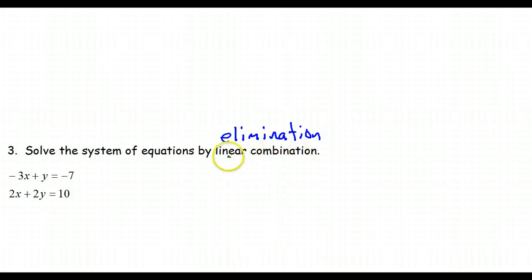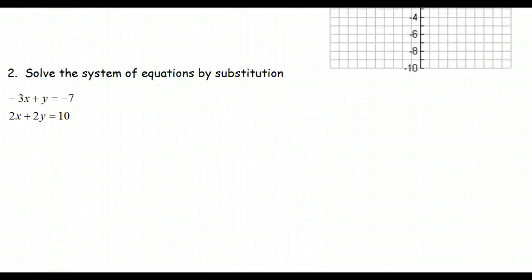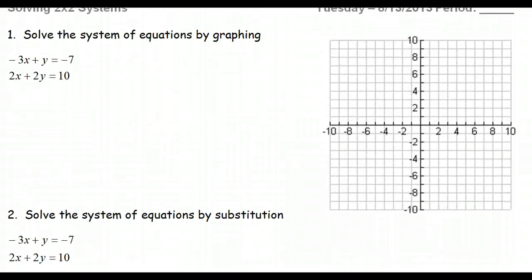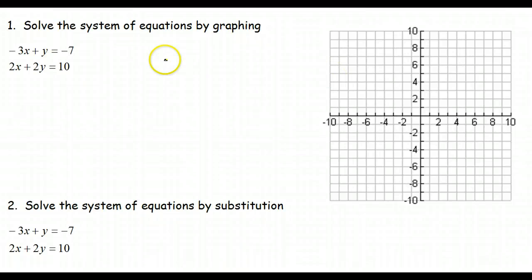Those 2 things mean the same thing, linear combination or elimination. So this homework gives us an example of each one of these ways of solving a system. So problem number 1, let's solve this system by graphing.